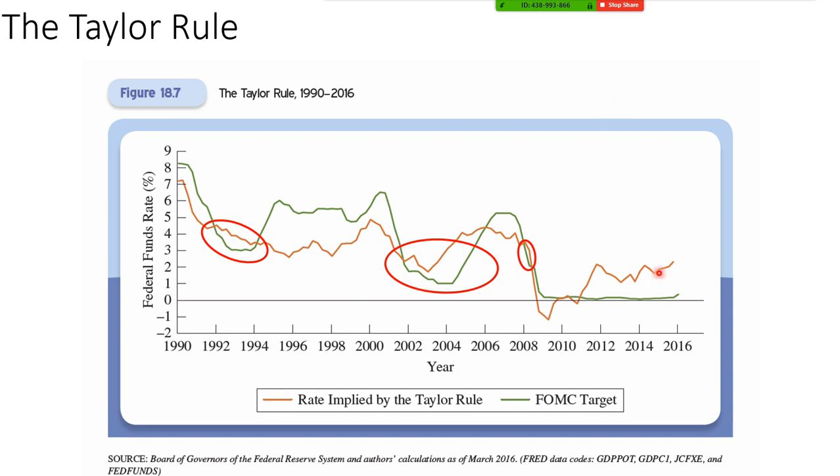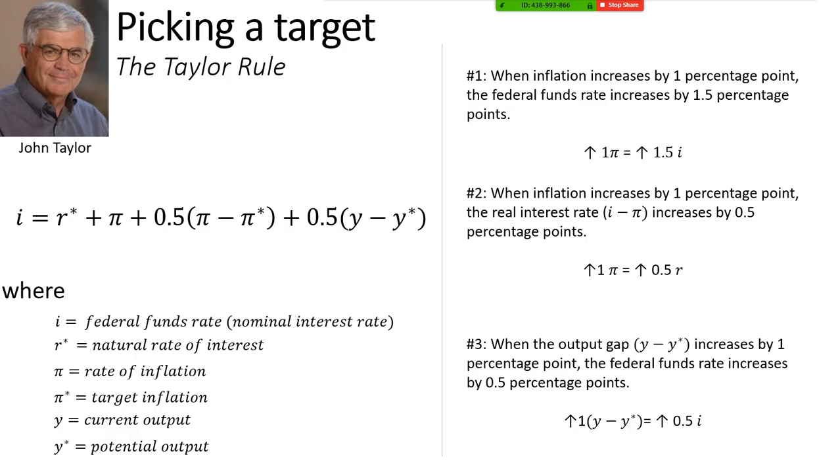Okay, so let's go back to the Taylor rule for a second and just think about what this equation actually tells us about the behavior of the Federal Reserve with regard to the way it targets the federal funds rate. So first thing is that this equation tells us effectively that when the rate of inflation, or pi in this Taylor equation we just talked about, equals 1 and everything else stays the same, so we can effectively ignore it, then the federal funds rate, or i, increases by 1.5 percentage points.